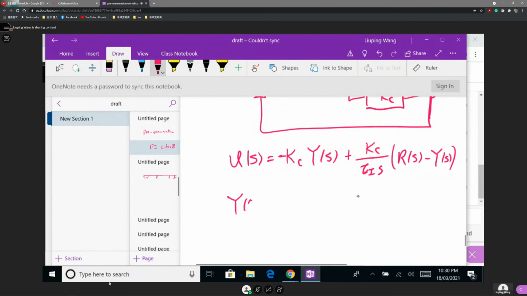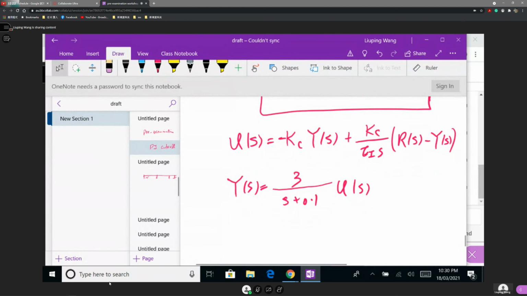Y of s is equal to 1 over 3s plus 0.1 times U of s, right?